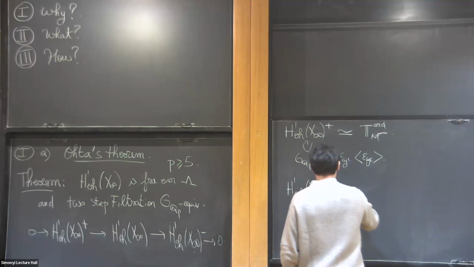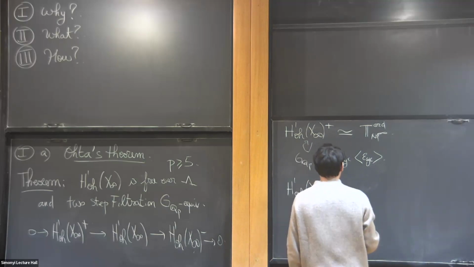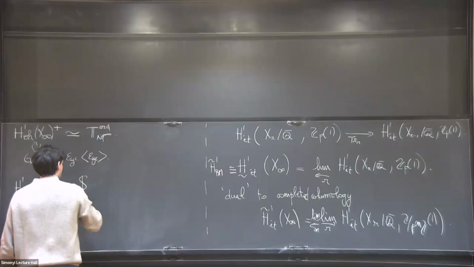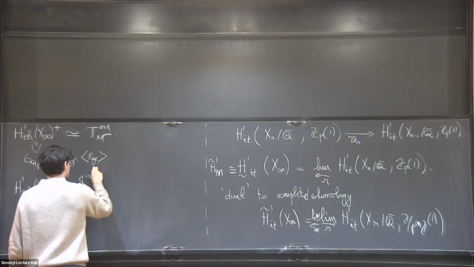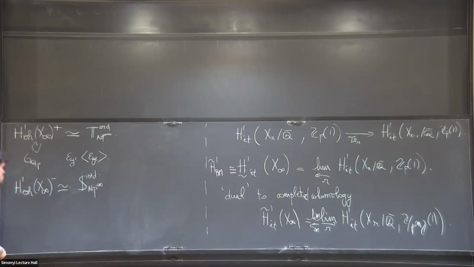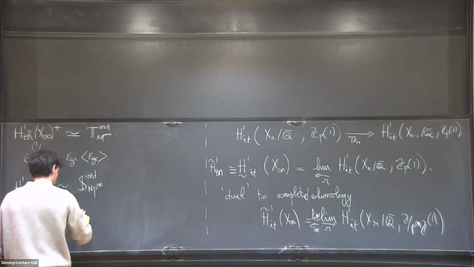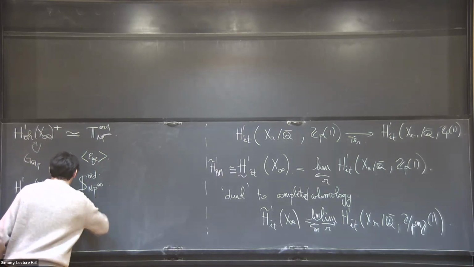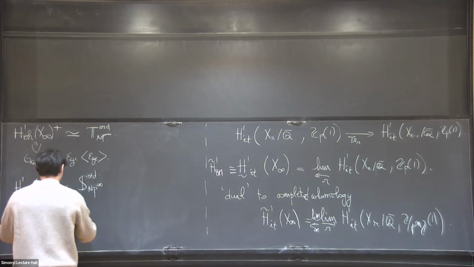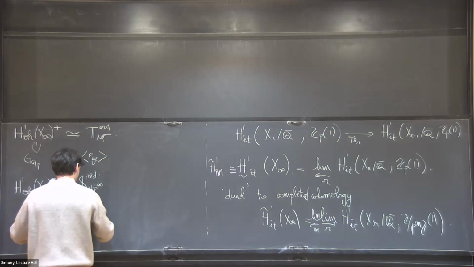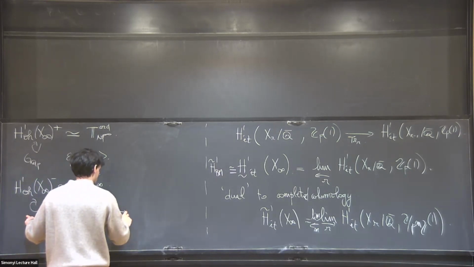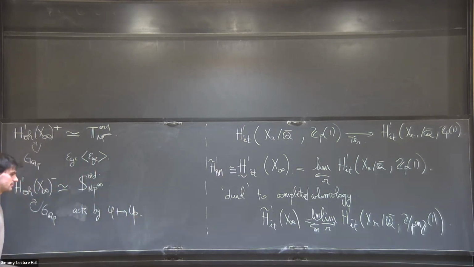So as a Lambda module, it is isomorphic to the space of ordinary cusp forms, but p-adic, and the action of G_Qp factors through the unramified quotient and acts by sending Frobenius to U prime.